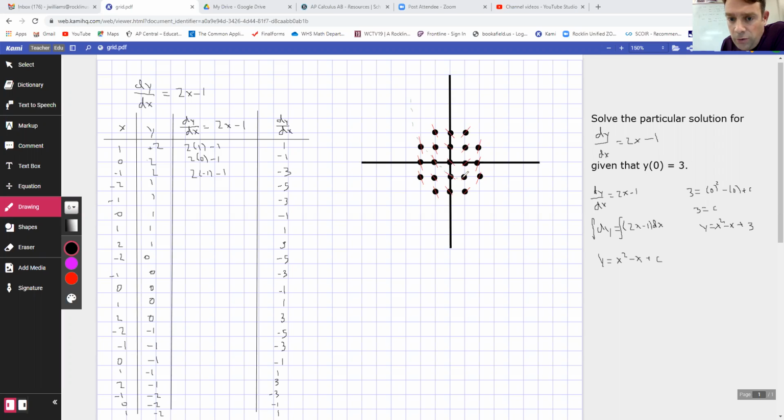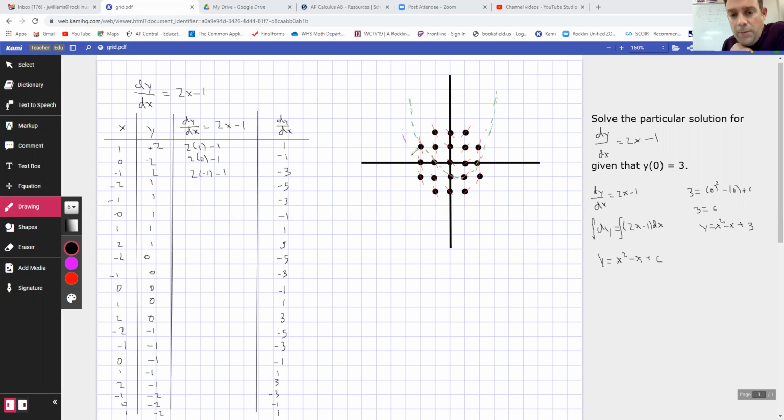It looks like it kind of looks a little bit like a parabola. See if we can make it a little bit bigger there. If I were to just follow along one of these sets here, they kind of look like they point to each other like a parabola.